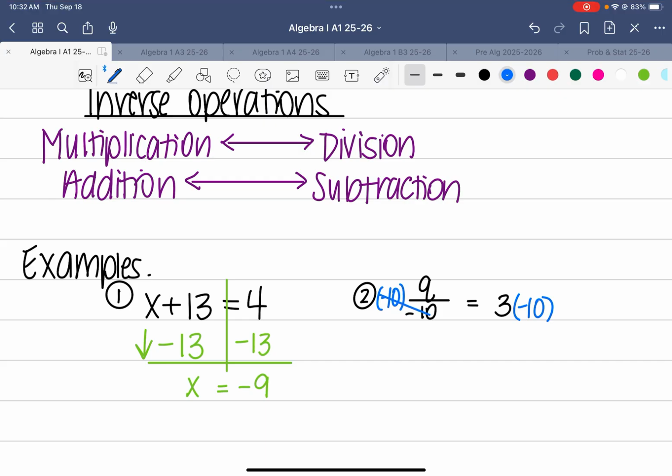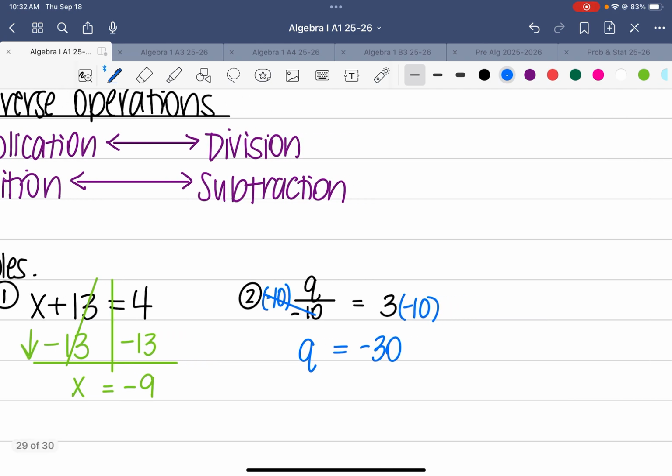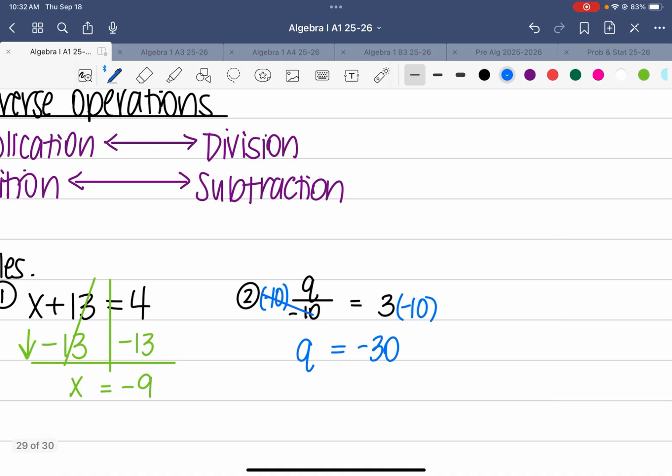These 10s are going to cancel out, just like your 13s did. They canceled out. I'm going to have q equals, what's negative 10 times 3? Negative 30. These are one-step equations. We're doing one operation to undo. Another example, last one of a one-step.